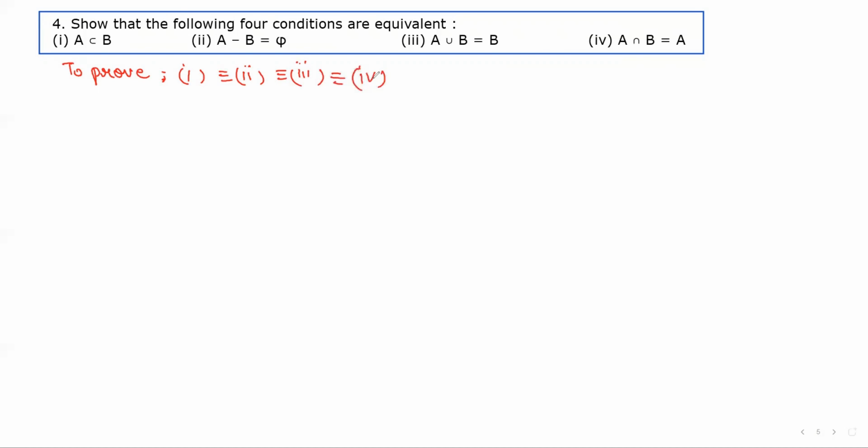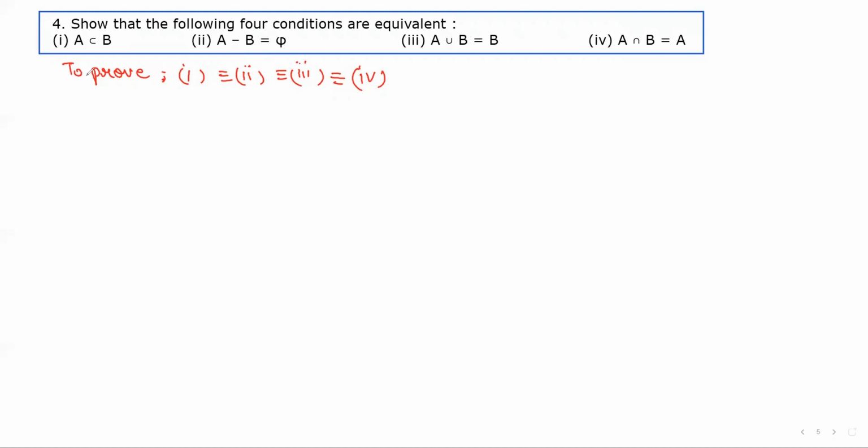By equivalent, we mean that if you consider the first element as the given part, you can prove the second, third, and fourth, and vice versa. You can consider any condition as the given condition, and the others as the to-prove part. You can easily prove the other set of equations.